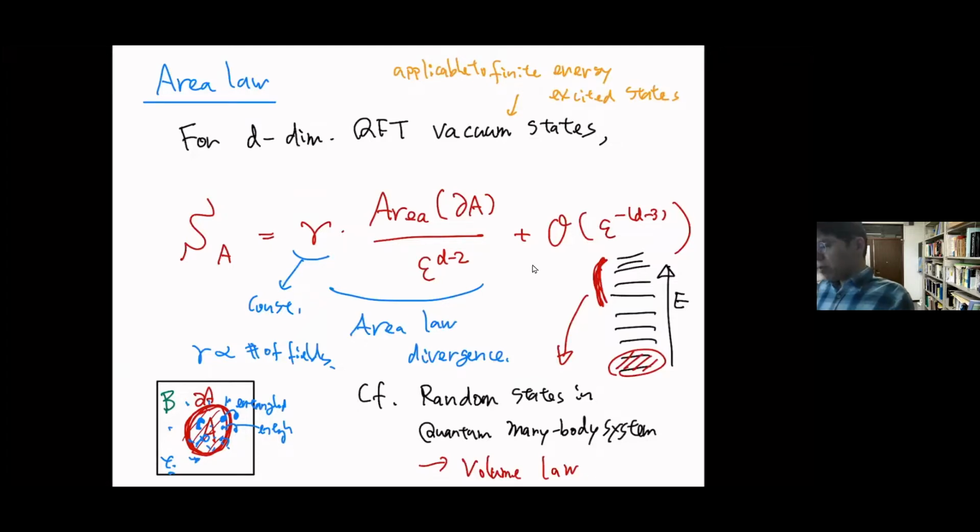If we talk about non-local quantum field theory, in general the ground state also gives volume law entanglement, but in high energy theory we only talk about local quantum field theory, and that's the reason we also get the area law. Okay, so there are some questions.